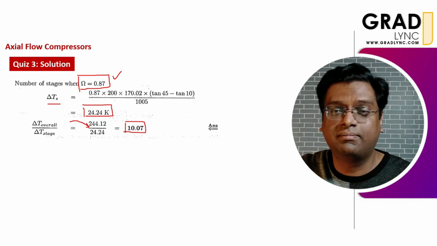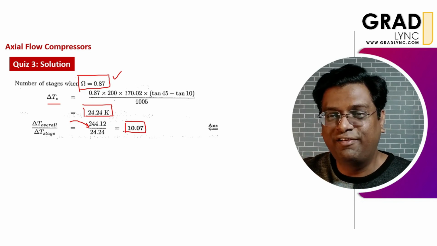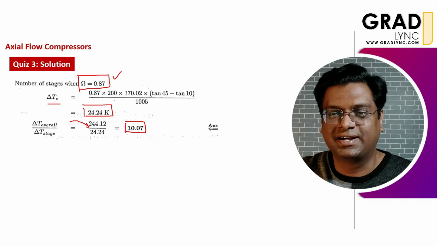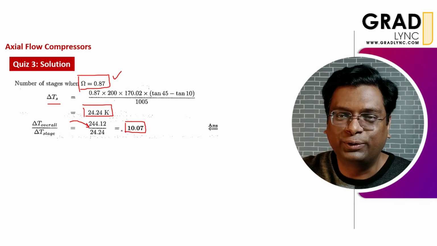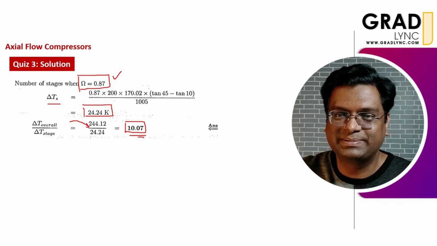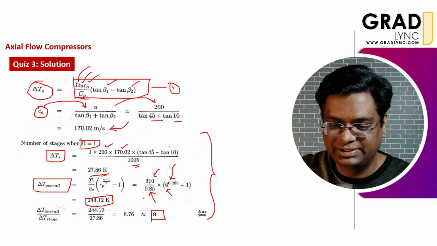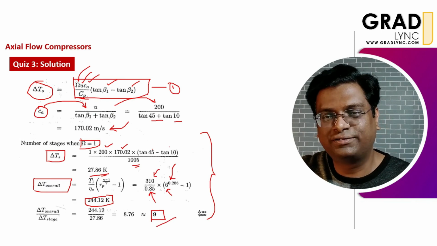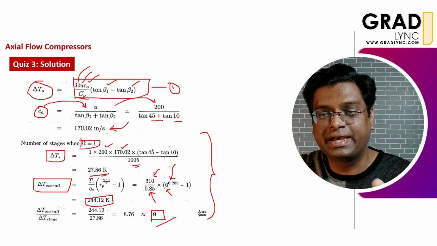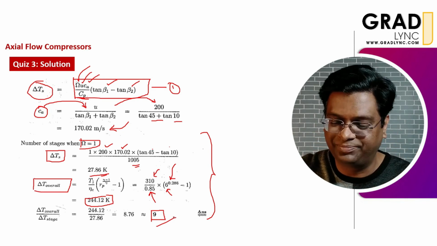So here one very important point you need to understand is, if the work done factor is considered for a real flow, then the number of blade rows are going to increase, right? Compared to the previous value, that is 9, the number of stages required to compress the air 6 times if the work done factor was 1.